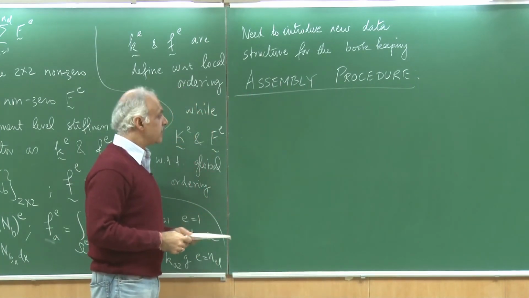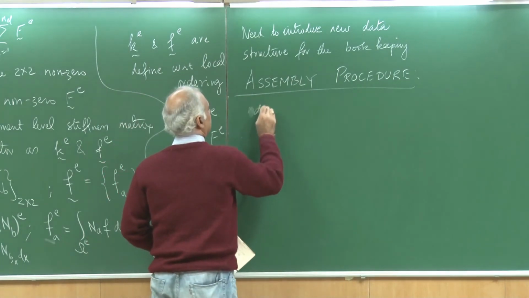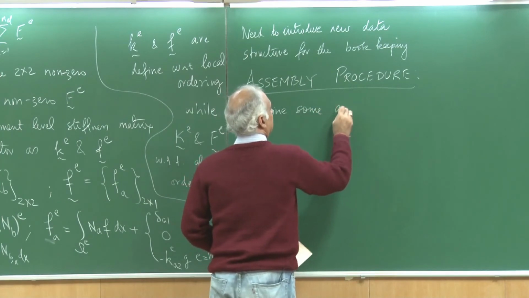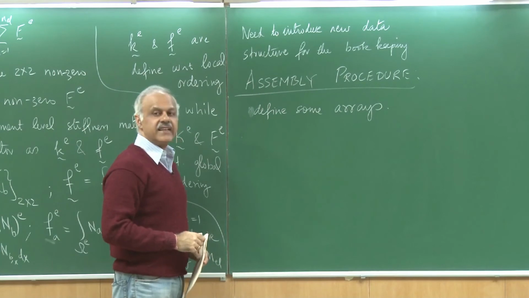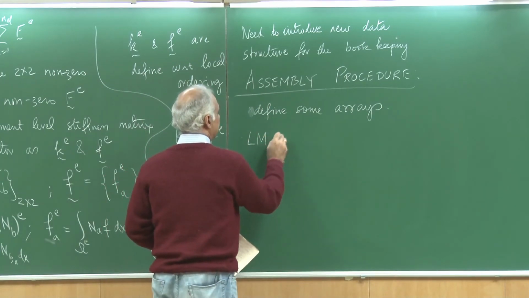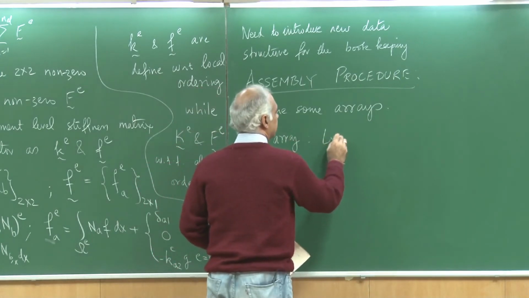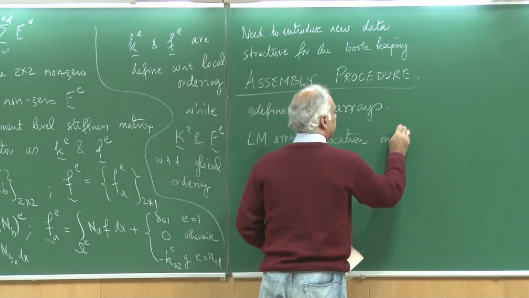And for this we need to define a few arrays. So, the first array that we want to define is called the LM array. It is also known as the location matrix array.